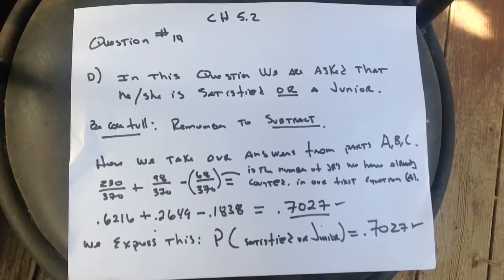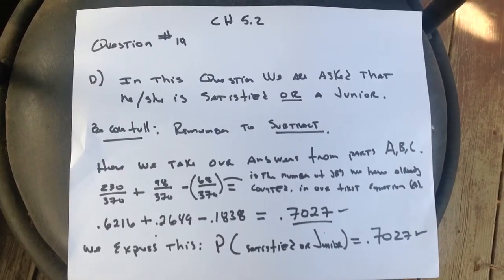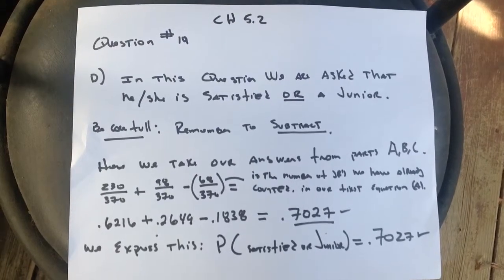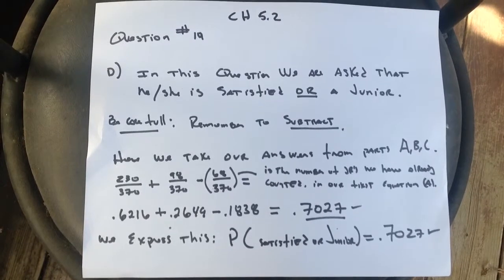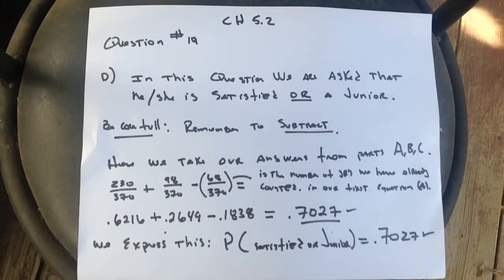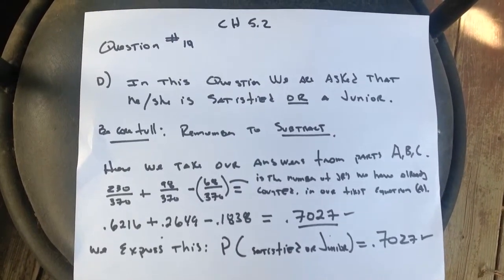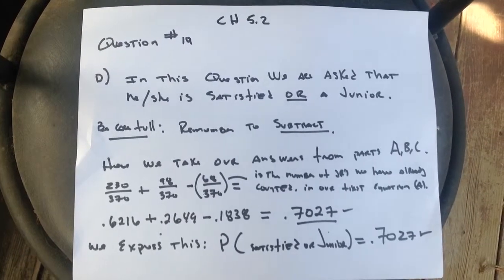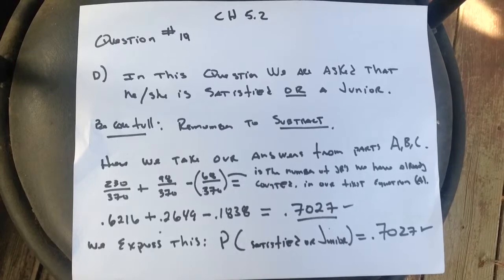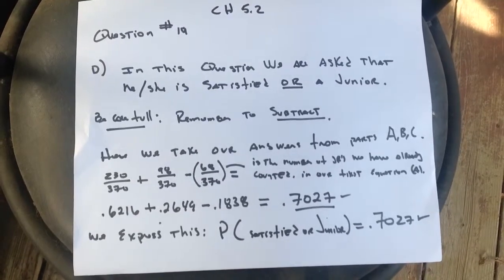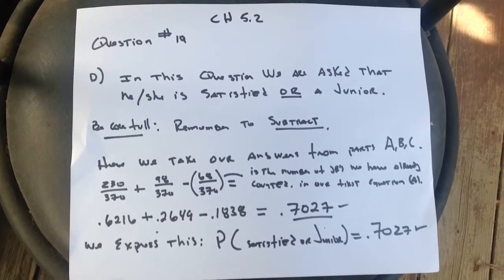And as you can see, I wrote it down as 230 over 370 plus 98 over 370, subtracted 68 over 370. I expressed that as 0.6216 plus 0.2649 minus 0.1838, and arrived at 0.7027. And I expressed this as P(satisfied or a junior).